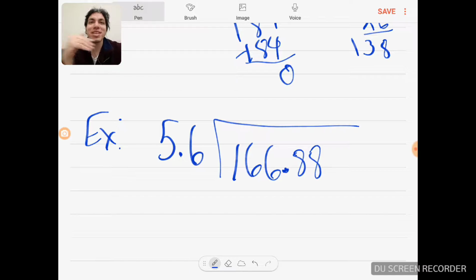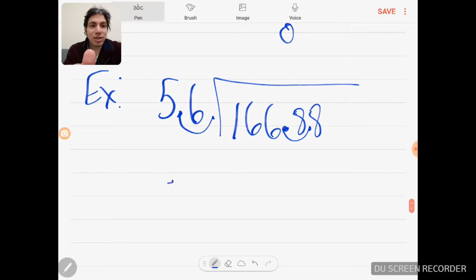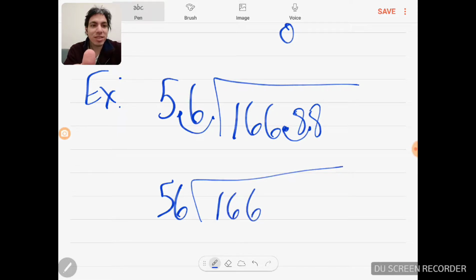I move the decimal point over from the divisor once to make it a whole number, and I do it again here in the dividend. So now I get 56 into 1,668.8, and then I have to figure out how many times does 56 go into 166.